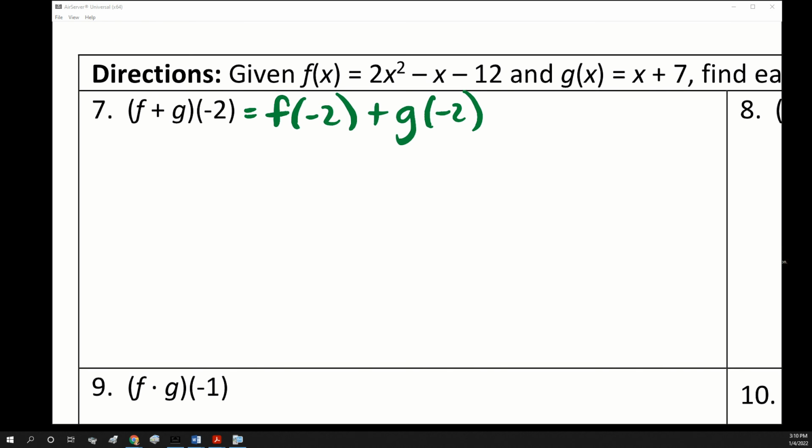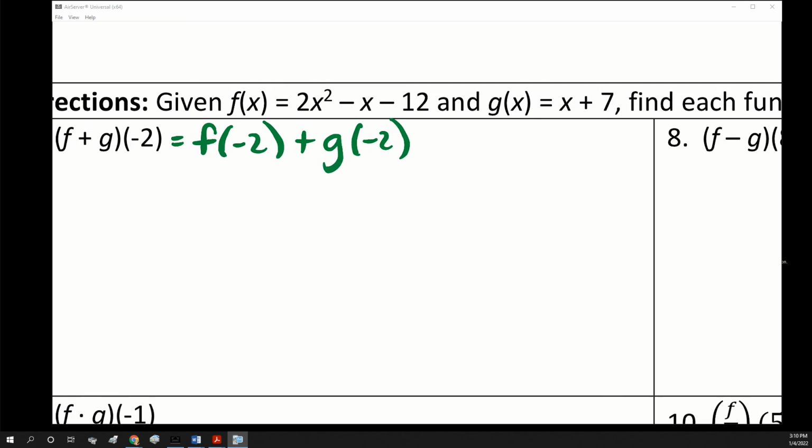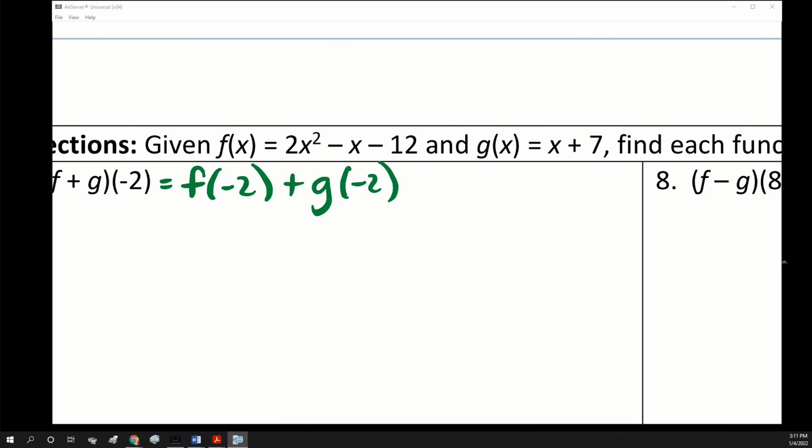Let me get it pulled up real quick. Okay, so what we're going to do is that f function, we are going to put in y1 in the calculator, and g, we're going to put in y2.